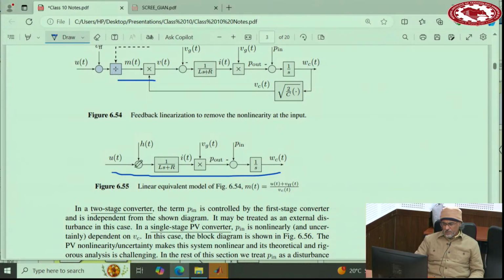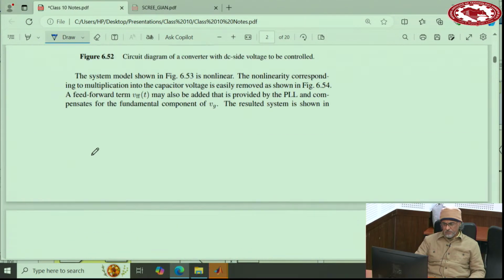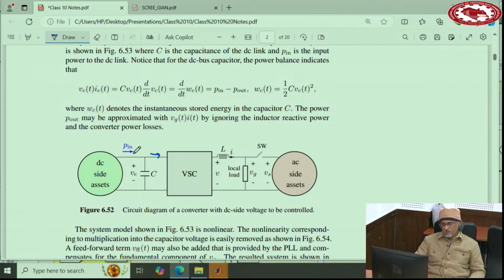Now let's talk a little bit about this P in first. This P in is the power coming to the capacitor here. It really depends on this side. What is this side? Unless I know what this is, I cannot say much about P in. For instance, if you have only some panels here, solar panels connected here, then that power is the power coming from solar panels.